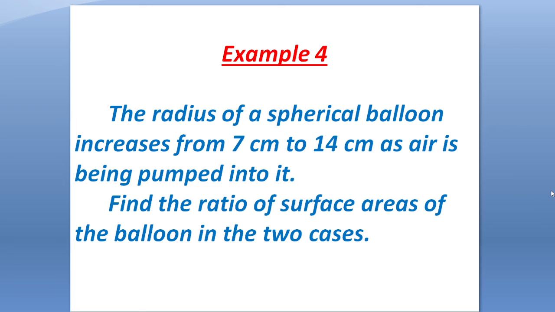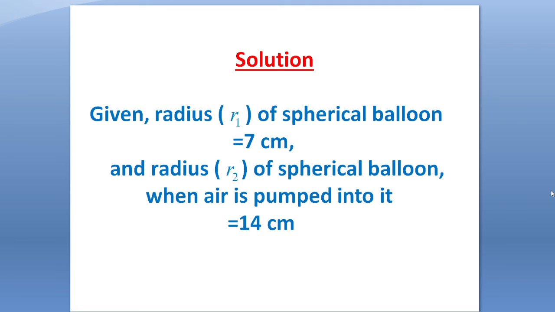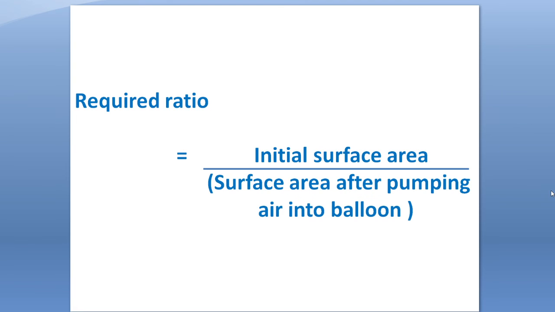Okay. So solution. Given radius R1 of spherical balloon is 7 centimeter and radius R2 of spherical balloon when air is pumped into it is increased to 14 centimeter. Now required ratio is equal to initial surface area divided by surface area after pumping air into balloon.